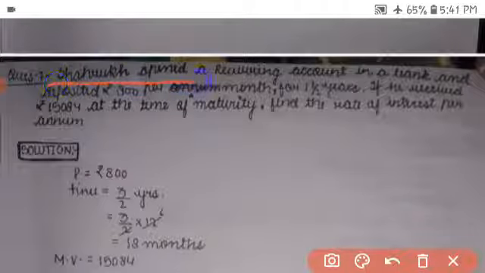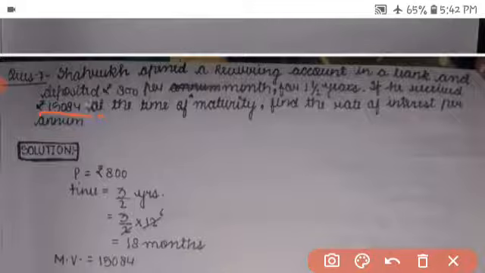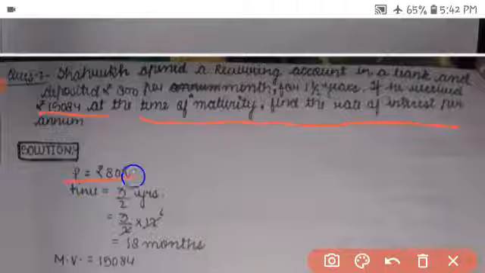Shahrukh opened a recurring account in a bank and deposited rupees 800 per month for 1.5 years. If he received rupees 15,084 at the time of maturity, find the rate of interest per annum. Now principal is given as rupees 800.